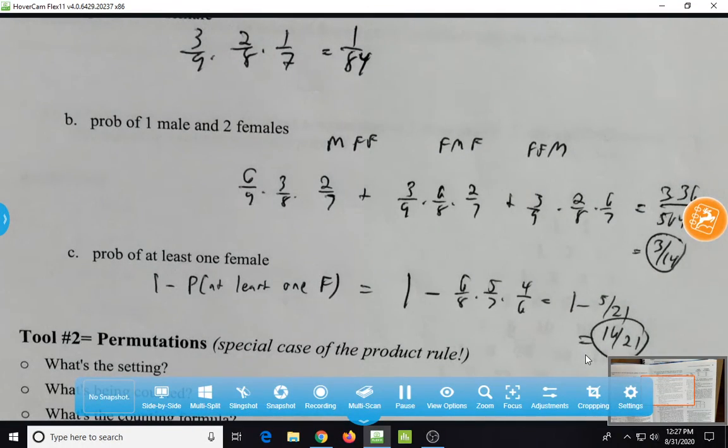You're taking 1 minus the probability of all the males? Oh, yes, all males.